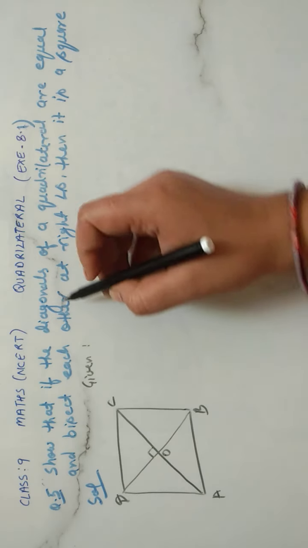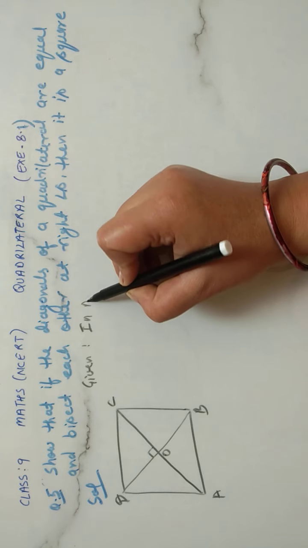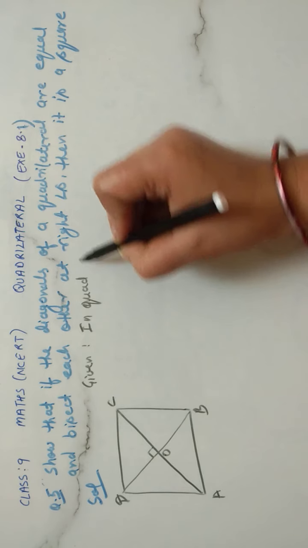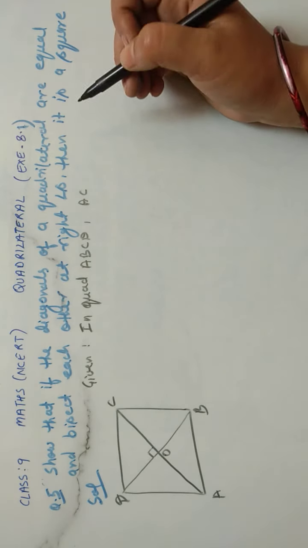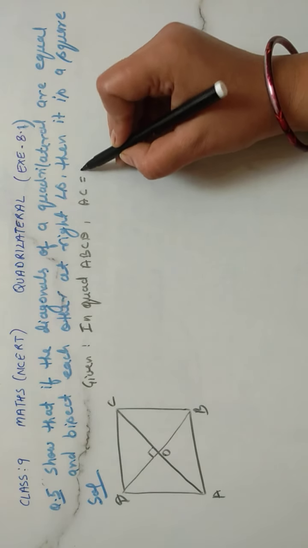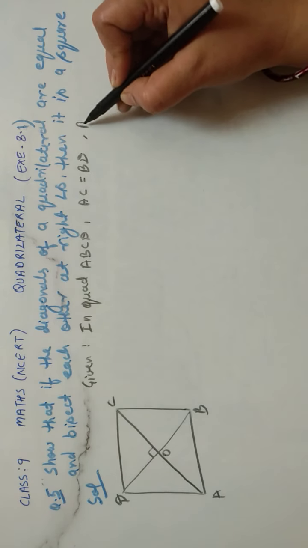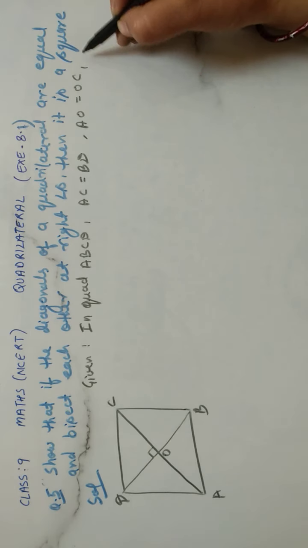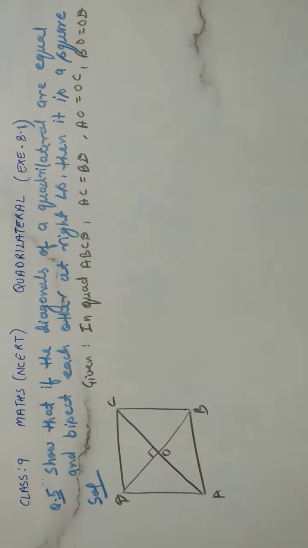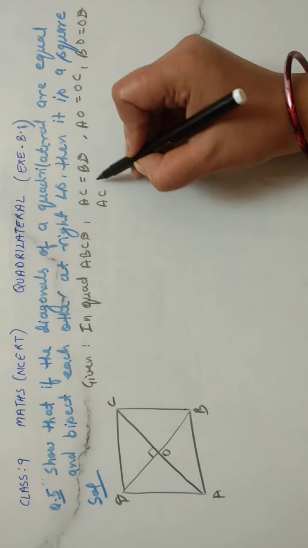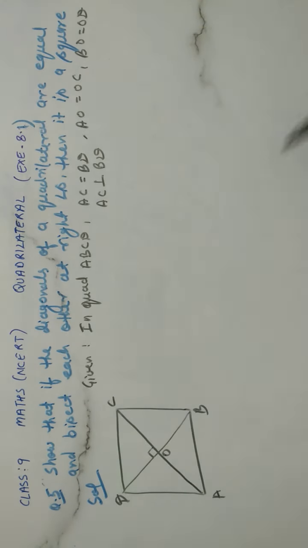In quadrilateral ABCD, AC is equal to BD, the diagonals are equal and bisect each other, meaning AO is equal to OC and BO is equal to OD. They bisect each other at right angles, meaning AC is perpendicular to BD, all these angles are 90 degrees. These things are given to us.